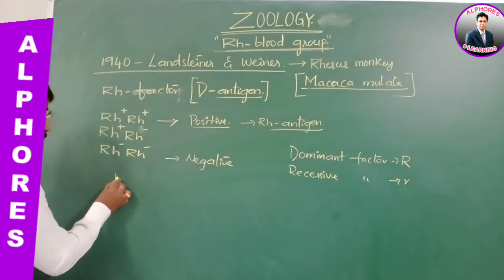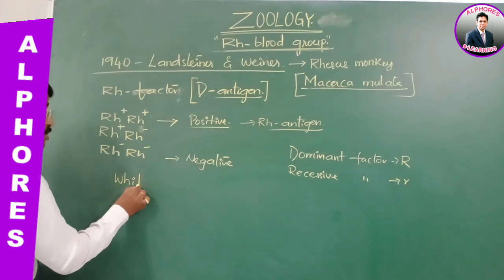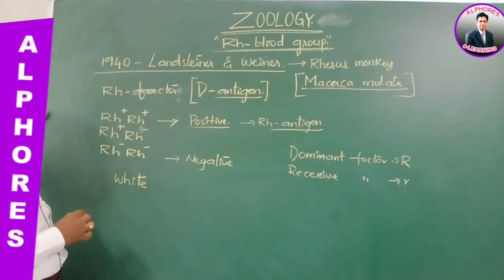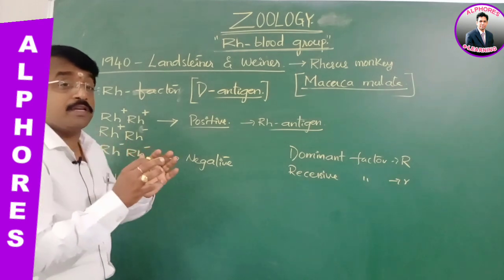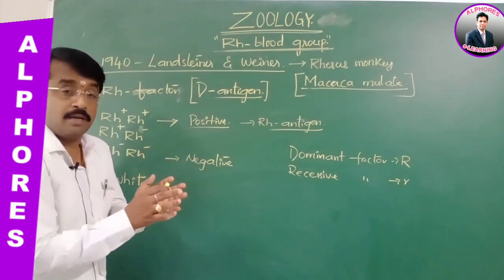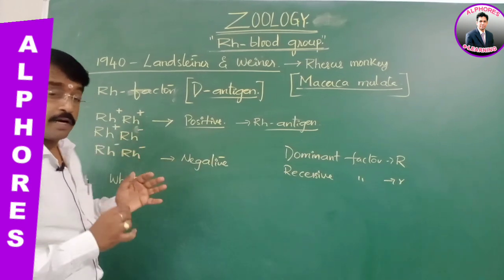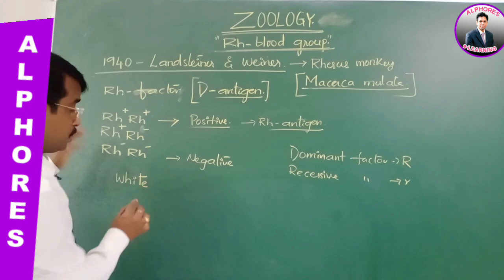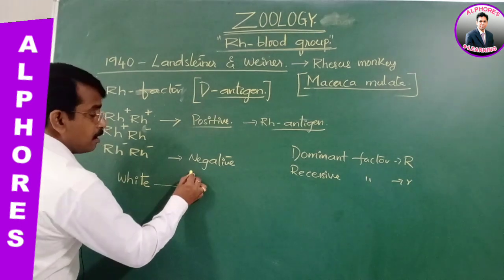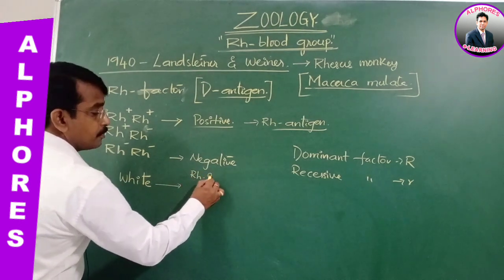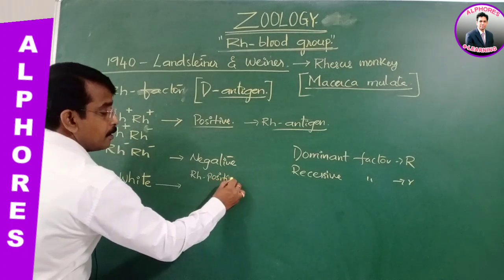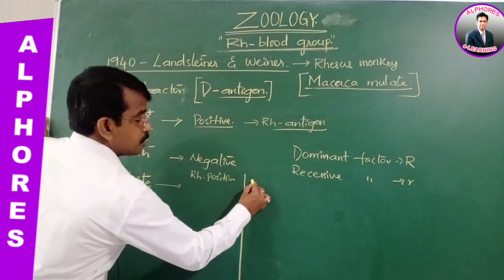Depending upon the race, the Rh status is identified. Generally, all over the world, the whites are Rh positive and Rh negative. Let's see how many.